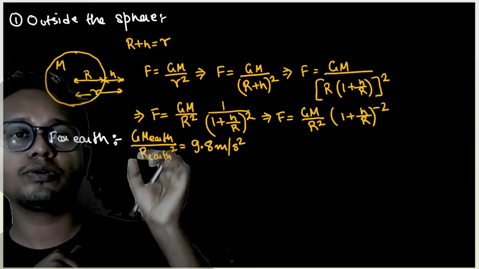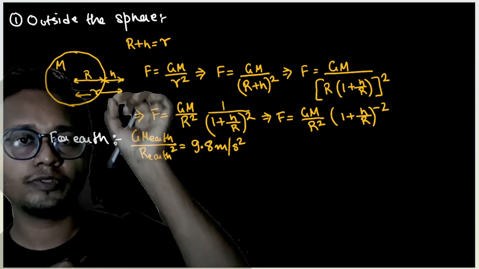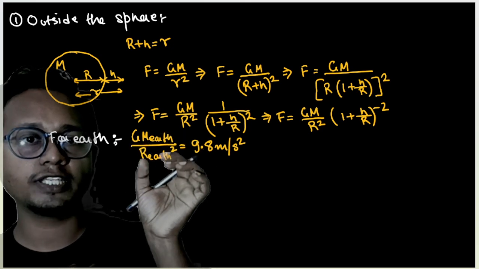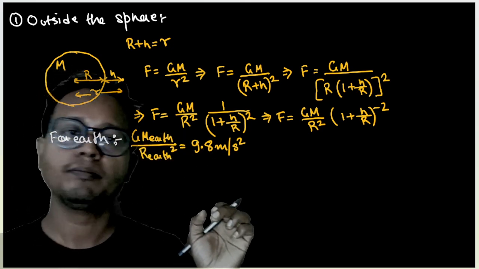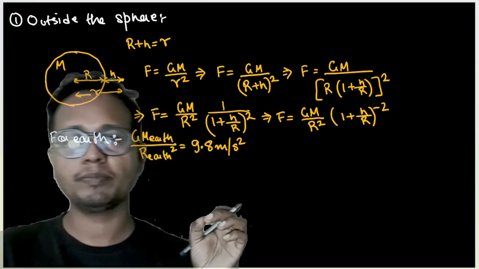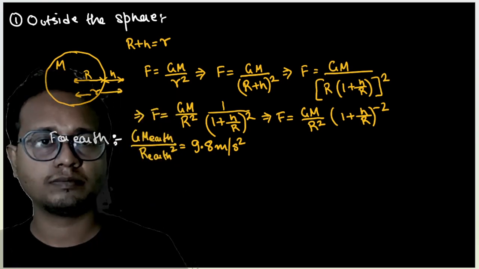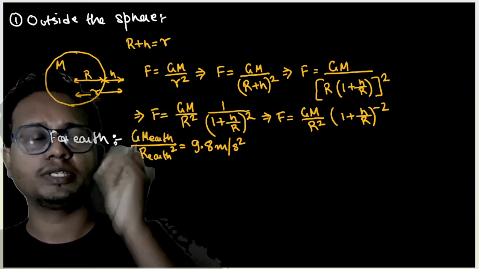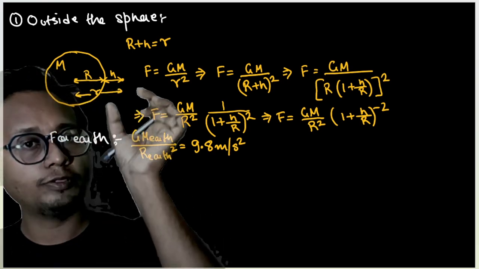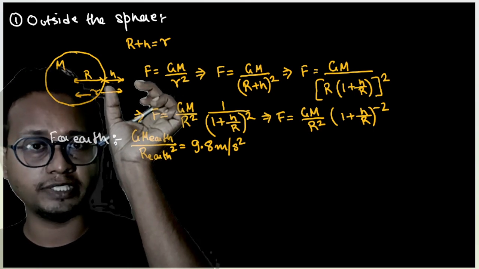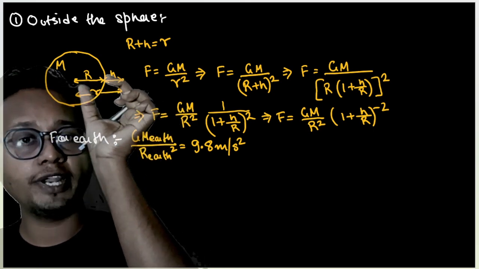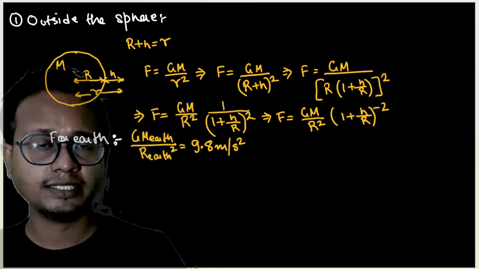So if h is assumed to be 0, I get the formula G mass of Earth by radius of Earth square equals 9.8 meter per second square. But sometimes, suppose we go 100 kilometers or 200 kilometers. Although 100 or 200 kilometers from the surface is not very small, compared to the radius of Earth it is very small, isn't it?